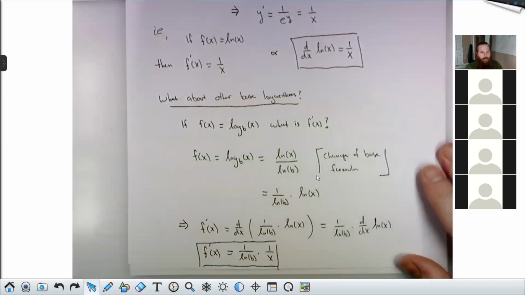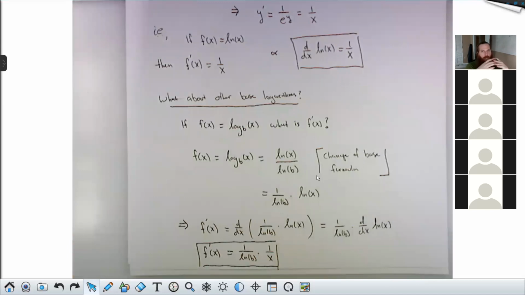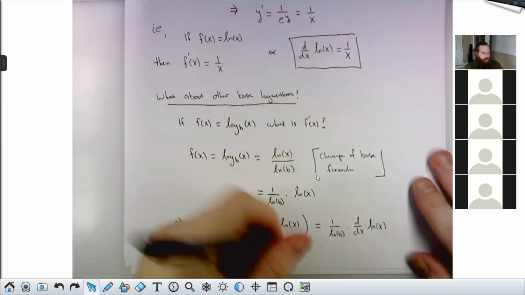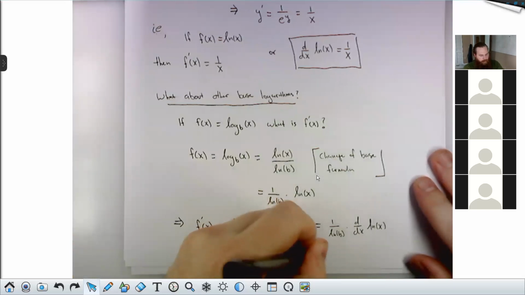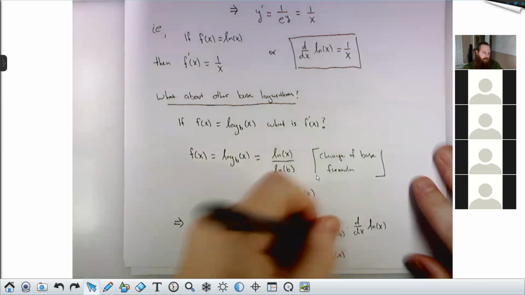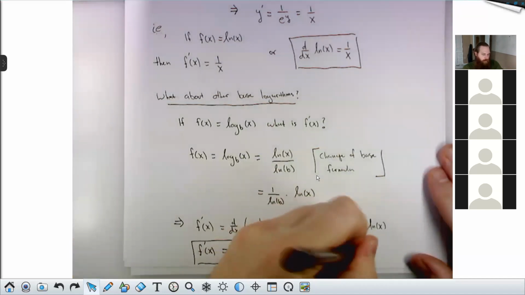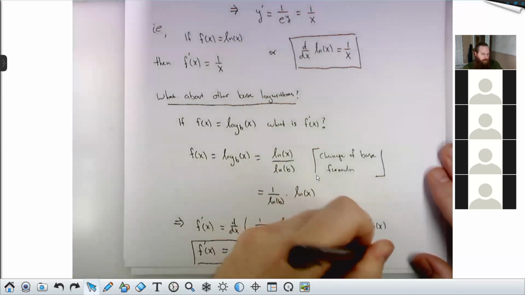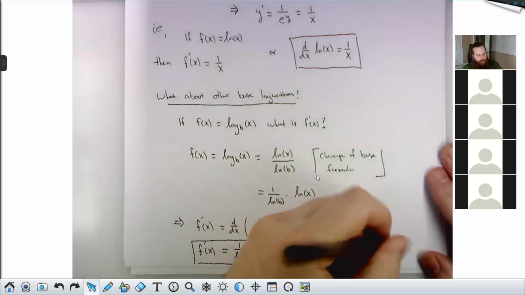So the derivative of any other base logarithm is still 1 over x, but then you also have this constant 1 over ln b that comes along for the ride. Or if you want to write this in Leibniz notation, d/dx of the base b log of x is 1 over ln b times 1 over x.